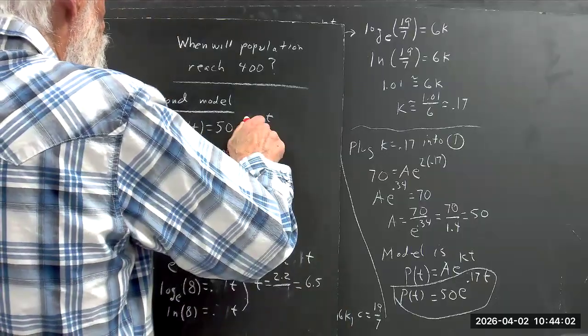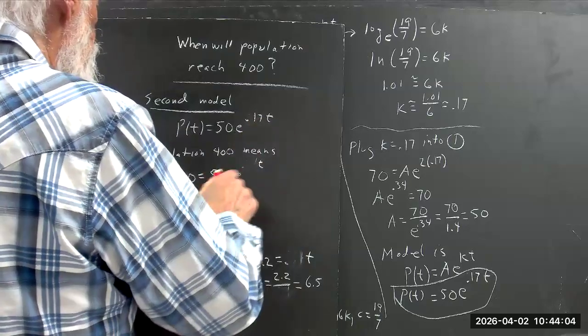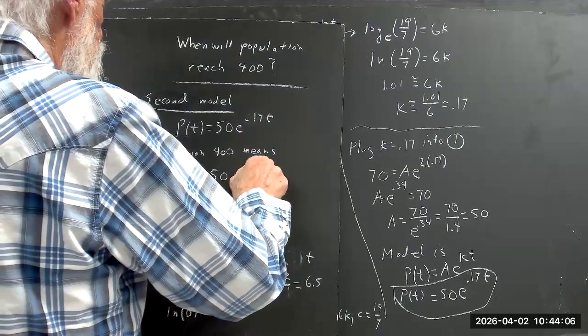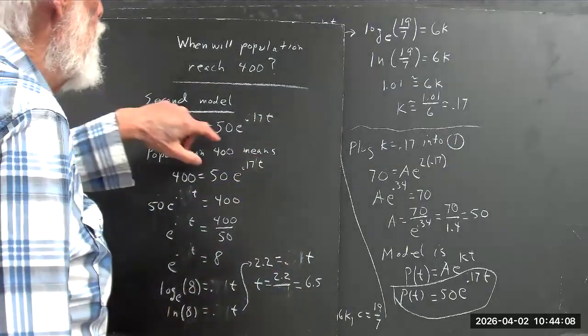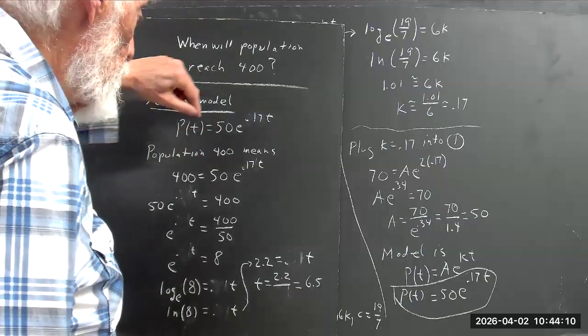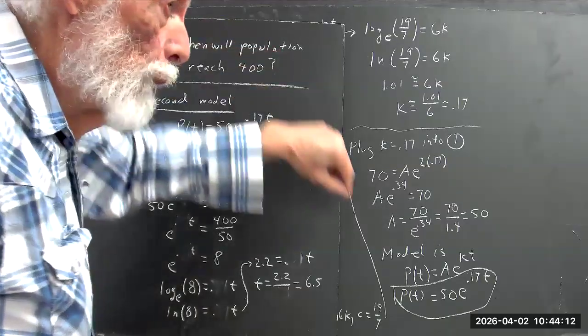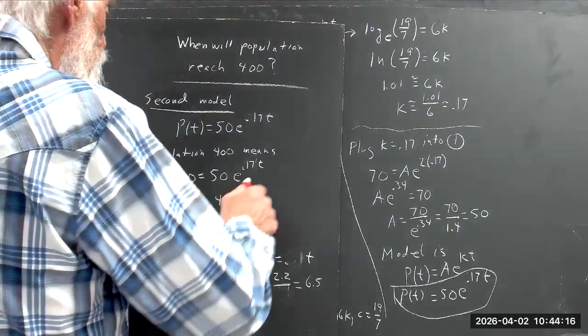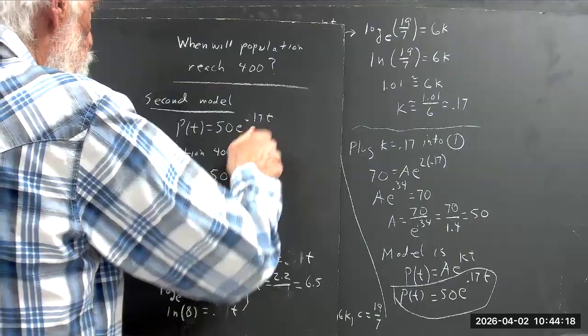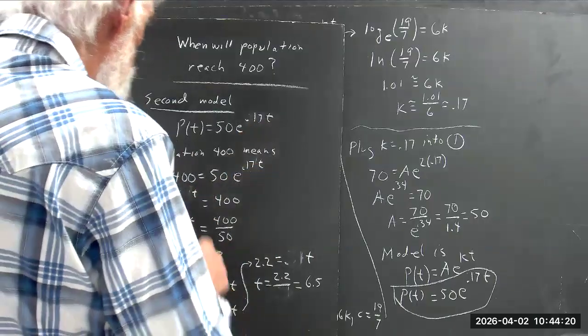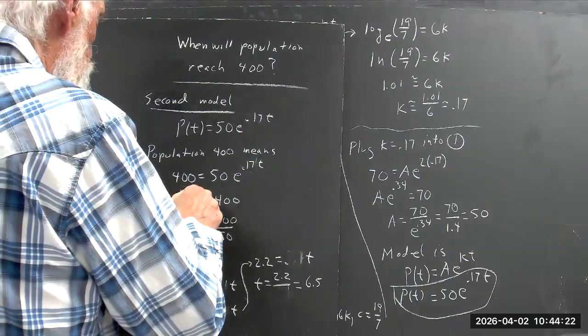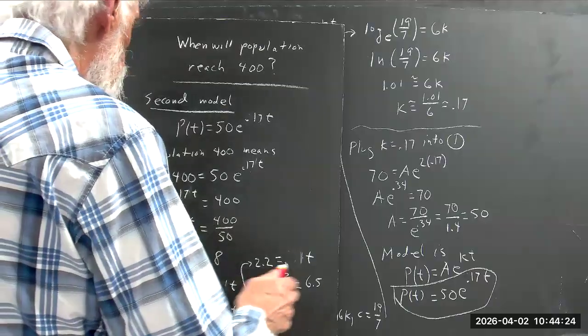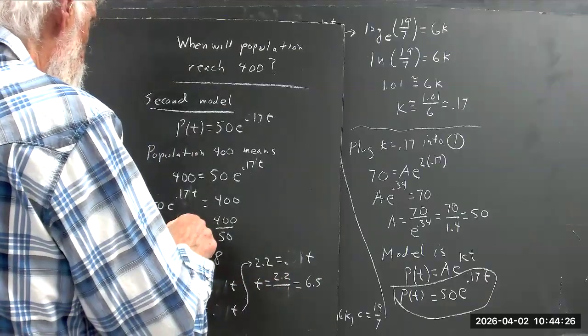Okay, so 0.17 here, 0.17 here. When I plugged into P equals 50e to the 0.34t, I got something that was ridiculous. It should have been e to the 0.17t in every step down to where I got my t equals 6.5.